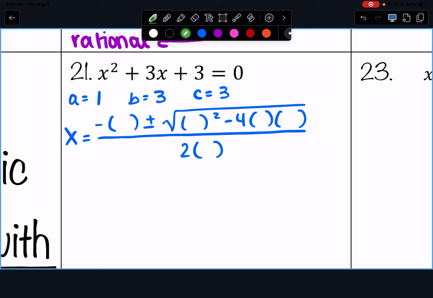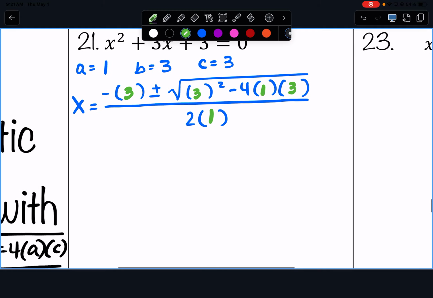So we have to plug in. When we go to plug in, it should be negative, what goes first? 3. Plus or minus the square root of 3 squared minus 4 times 1 times 3, divided by 2 times 1.